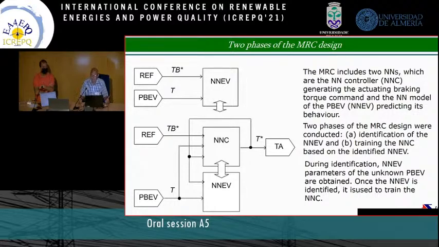After that, we replaced the physical model with a neural network model of the electrical vehicle, NEV, and we teach this system in many, many situations. After that, we try to study our controller, NNC, with this neural network system model and provide experimentation.